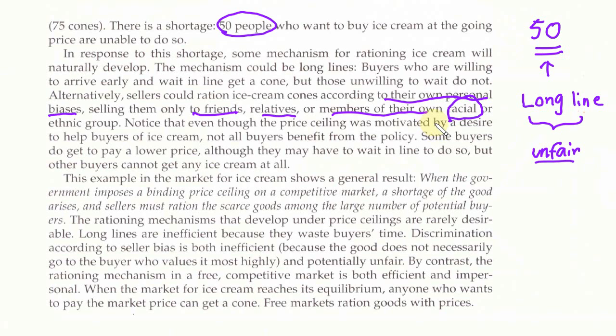In the case of personal bias, the product will be distributed according to the seller's appetite, to friends, relatives, and members of their own race or ethnic group. In this case, what can happen in society?